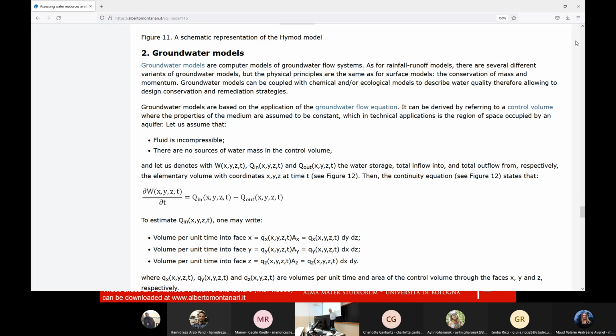And this is why monitoring of groundwater started relatively later, because at the beginning, when surface water monitoring started, we didn't have a clear perception of the extension of groundwater bodies and their value also.